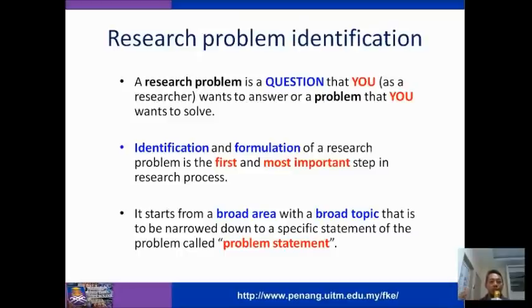Depending on your reading, you go from a broad topic to a specific statement, and that statement is normally called a problem statement, a very specific statement of that particular problem. Because we are not trying to solve the world's problem. We want to solve a small problem that can impact the world.